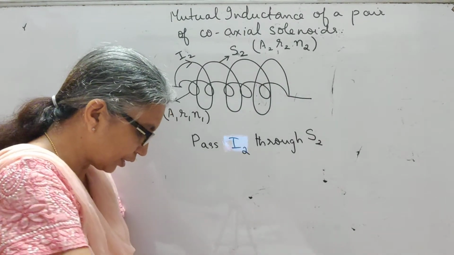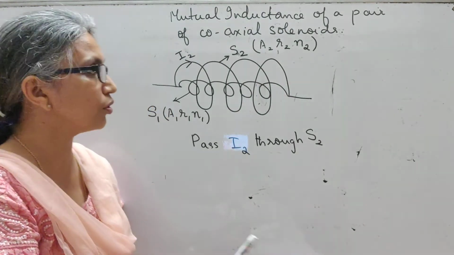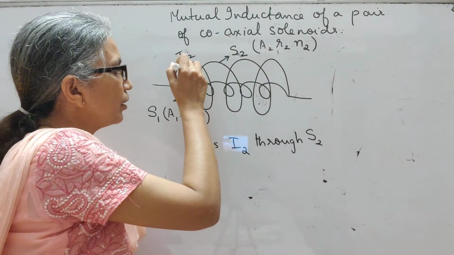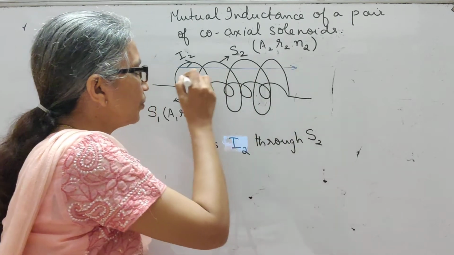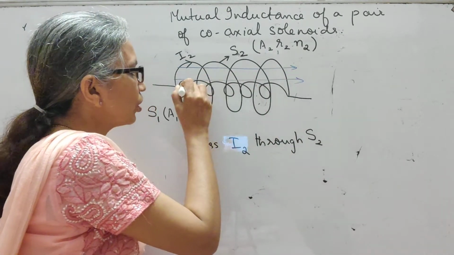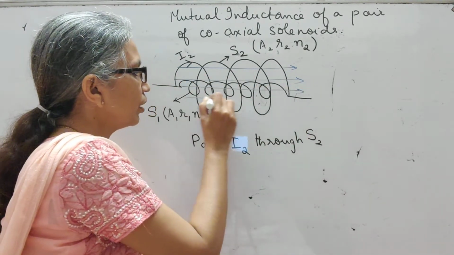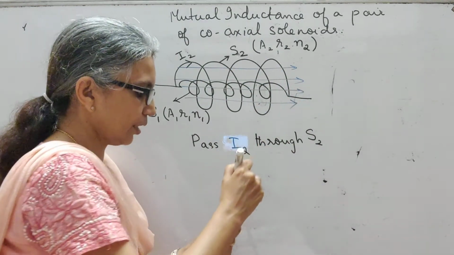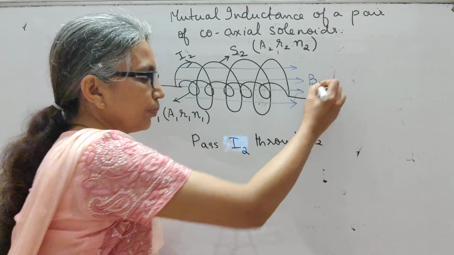So the magnetic field along the axis of this huge one, because the bigger one is carrying the current, which I am going to denote with these blue lines, will pass through the core of the larger solenoid, and that I am going to call B2.